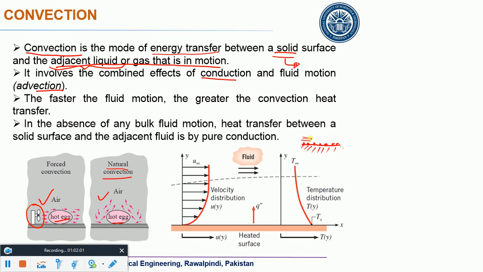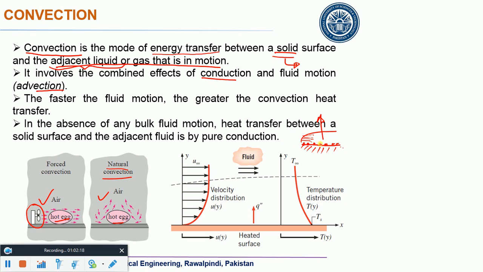But over this layer, molecules are moving, and as you go farther from this layer, velocity increases, and then a boundary layer develops. We will talk about those things in great detail, inshallah.